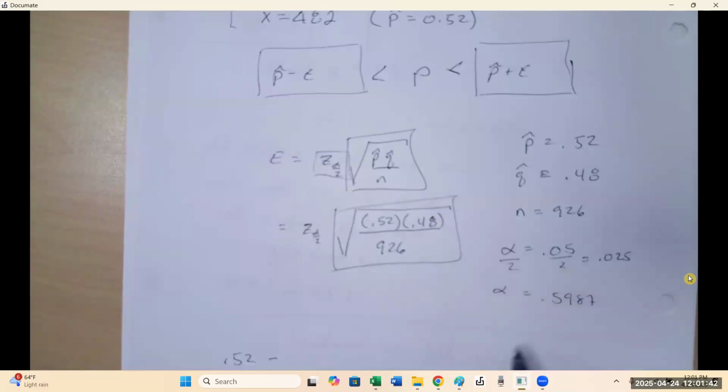We're dealing with a two-tailed test. So this is 0.025. This is 0.025. It's on the negative side, 0.025, which is negative 1.96.